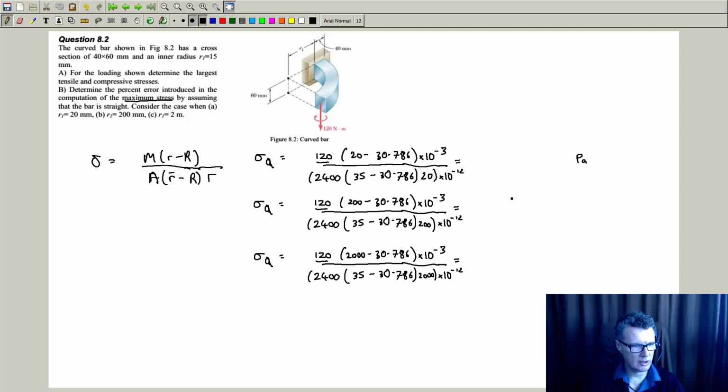And the calcs are, for this one, very similar to our previous result. Our previous result was minus 12.5 megapascals. Actually, let's correct these things. This is B and this is C. And this time it is minus 11.43 megapascals.